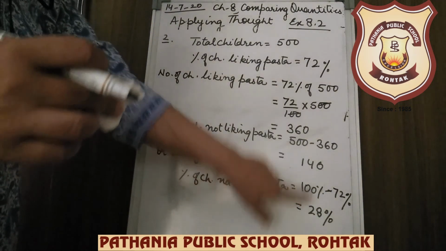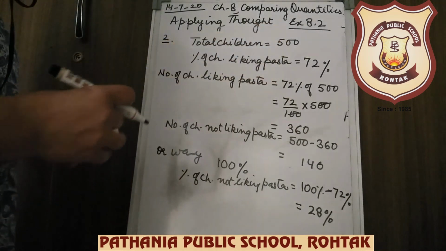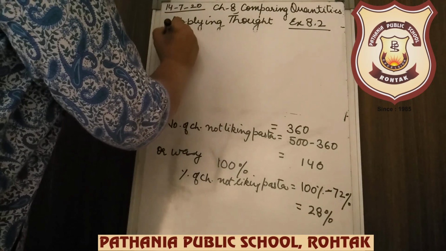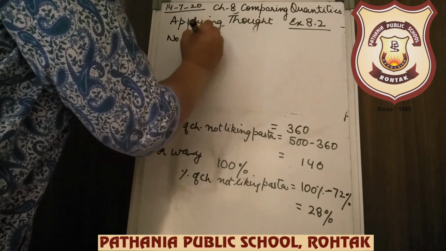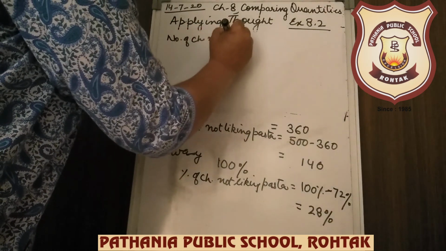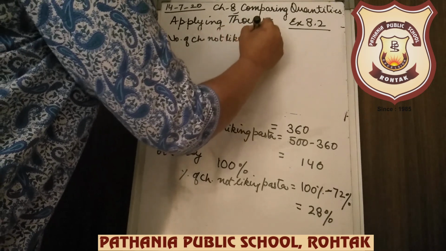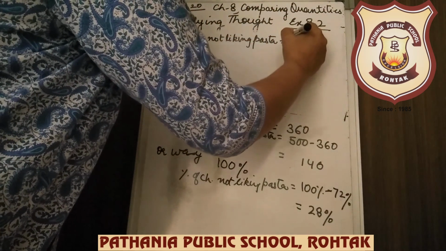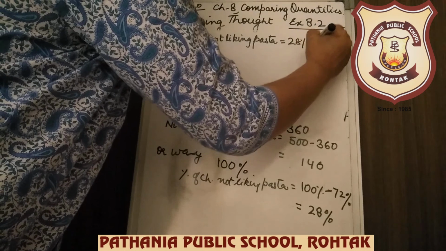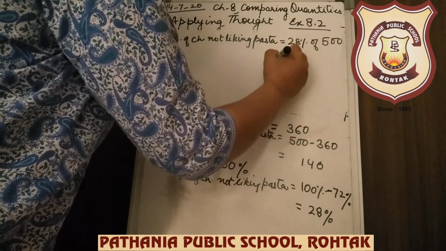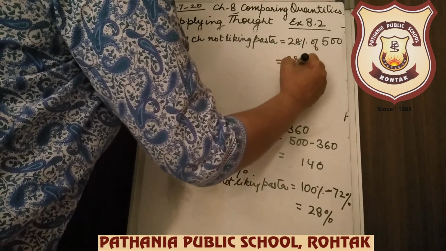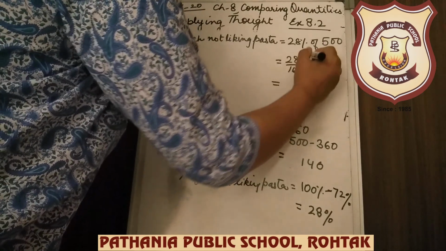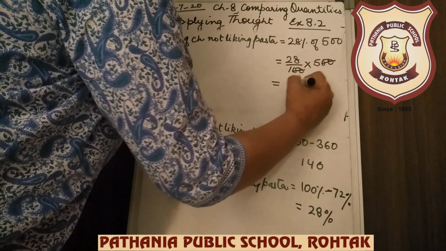Now find 28% of 500. Now you will find 28% number of children not liking pasta is equal to 28% of 500, which is 28 upon 100 into 500, so 140.